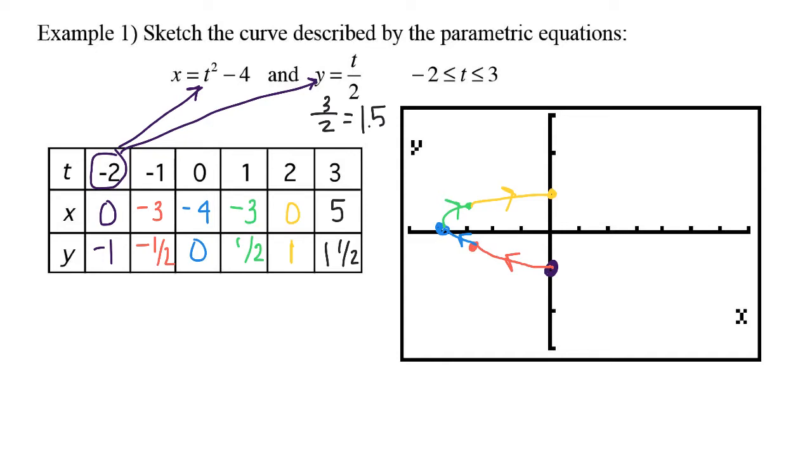So we're going to end up way over on this other side, and we're going to have 5, 1.5. So let's go over 1, 2, 3, 4, 5, up 1.5, so somewhere up in here, and then we're going to continue the same motion. And so there's the whole idea of sketching a parametric equation. Hopefully it's not too bad. Let's do a couple more examples.